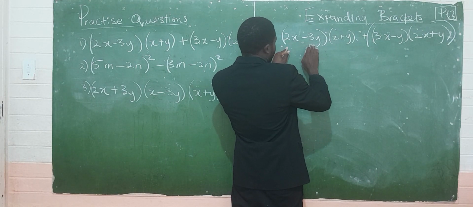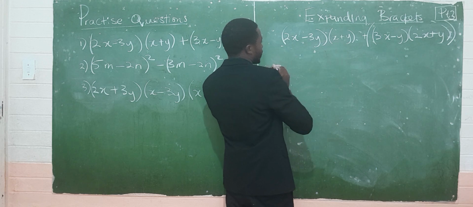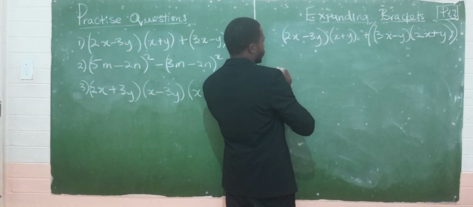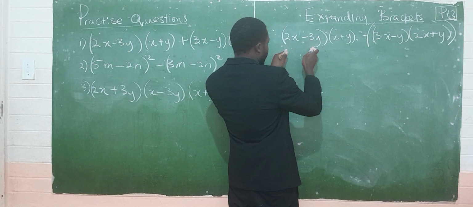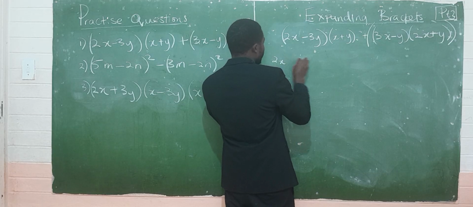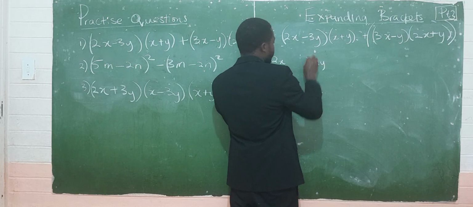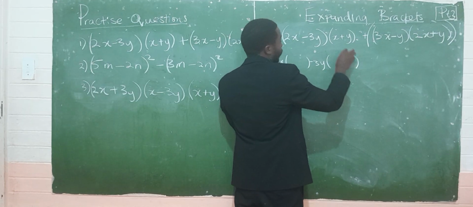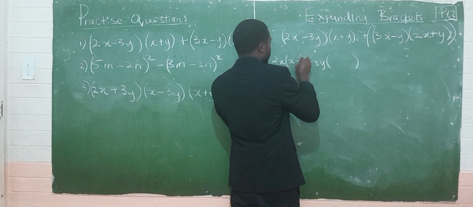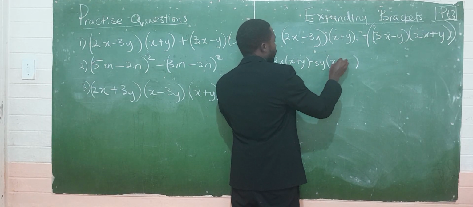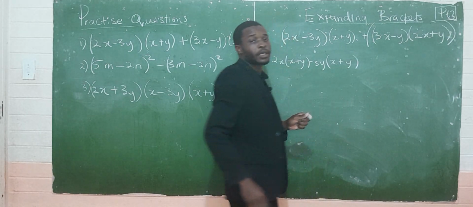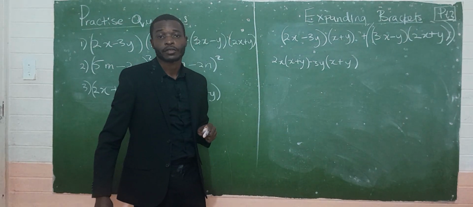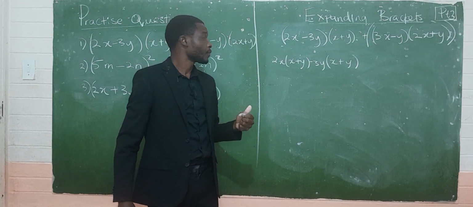Remember, every term that's here is supposed to multiply every term that's there. Therefore, to make no mistake, I'm going to break this. That will be 2x minus 3y, and I'll rewrite this one, x plus y, x plus y. And as we've agreed in the previous video, that's right there.